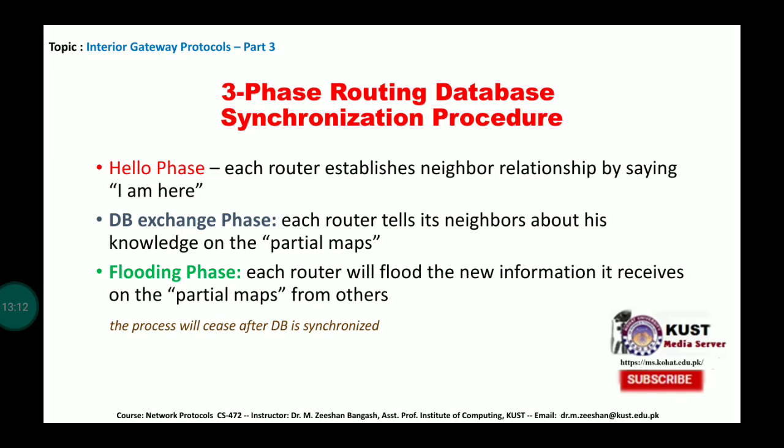Now the whole process ceases after the database is synchronized. After the synchronization, these three phases will not continue. However, after the initiation of the database synchronization process, the three phases occur: the hello phase, followed by the database exchange, and then followed by the flooding phase.